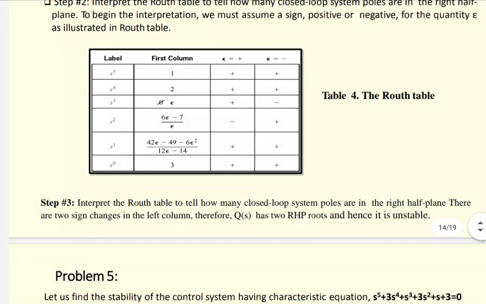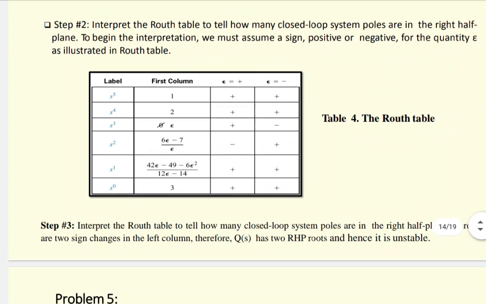So interpreting the Routh table to tell how many closed loop system poles are in the right half plane: there are two sign changes in the left column, therefore the characteristic equation has two right half plane poles and hence it is unstable. And you may ask me, sir, how you are predicting? Because when I take epsilon positive, the s cube row is positive, whereas the s to the power 2 row is negative, and the s to the power 1 row is positive again. So positive to negative, then negative to positive.